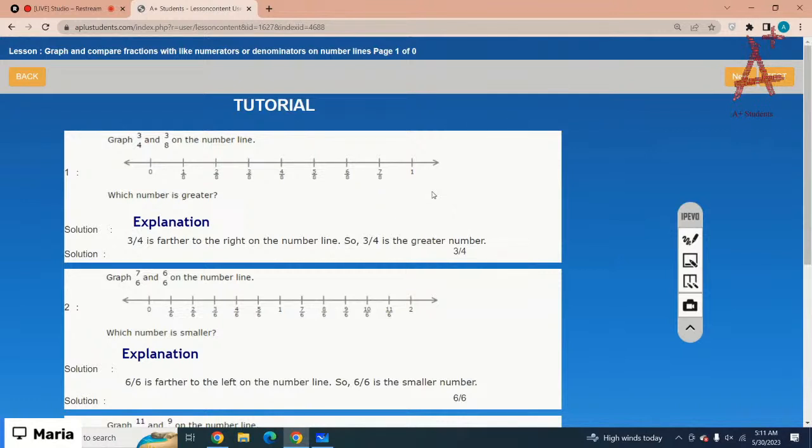Now you have to see which number is greater. Here you have 3 over 8.